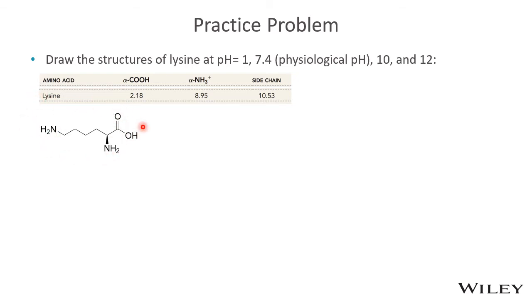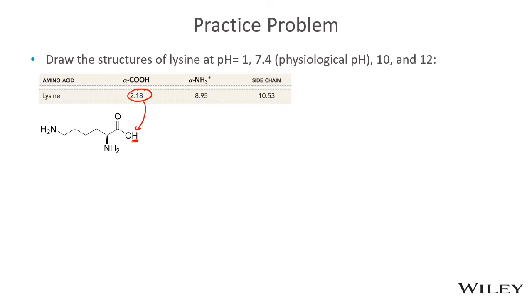So it contains an alpha carboxylic acid, an alpha amino group, as well as a side chain that also has an amino group. So this is called a basic side chain. So the side chain itself will have a pKa value as well. So these are our pKa values of all of our groups attached to our amino acid. So again, the alpha carboxylic acid, which has a pKa of 2.18, we're referring to this hydrogen here.